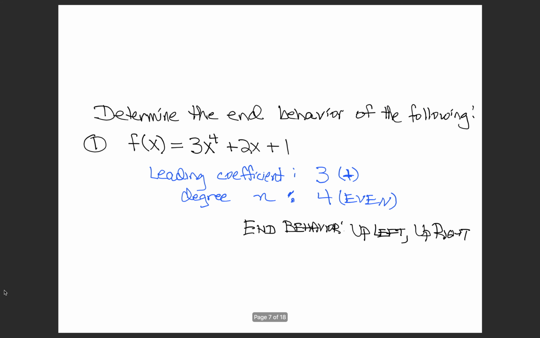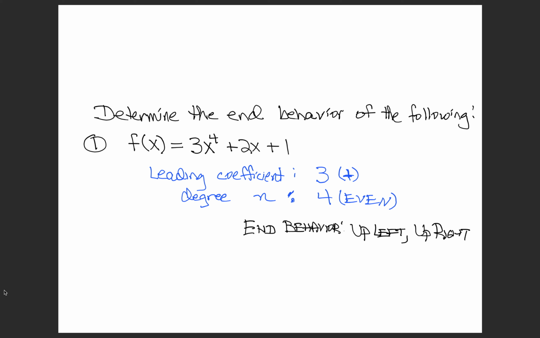Now, here are some cases regarding end behavior. For the first function, f of x is equal to 3x to the fourth plus 2x plus 1. The highest degree term is 3x to the fourth. So the 3 is the leading coefficient, and that is a positive value.